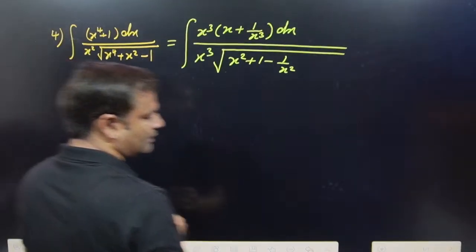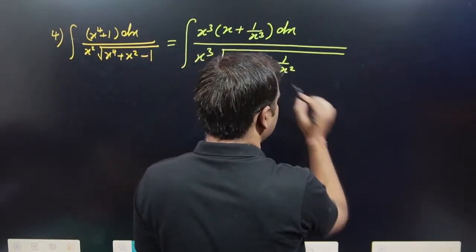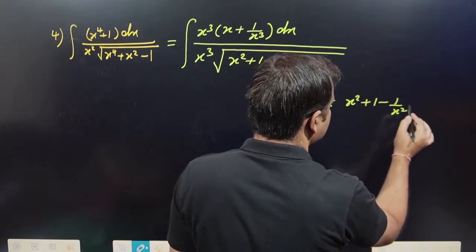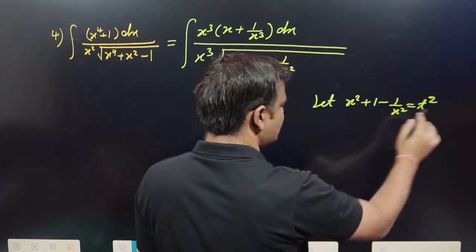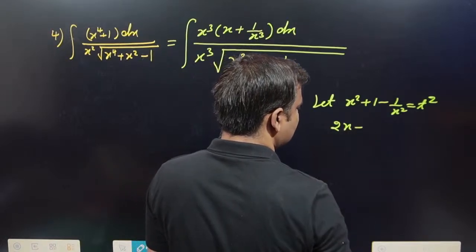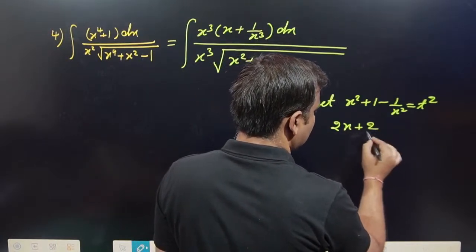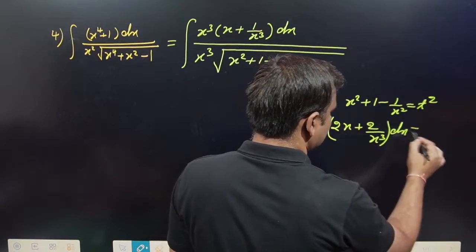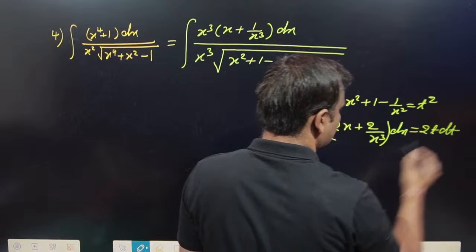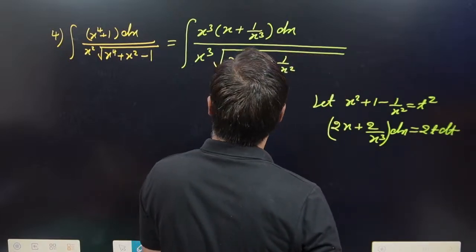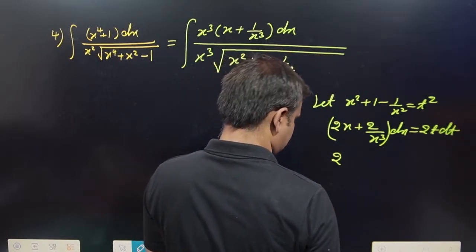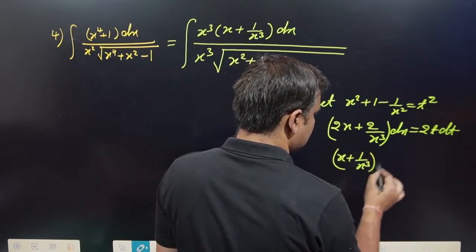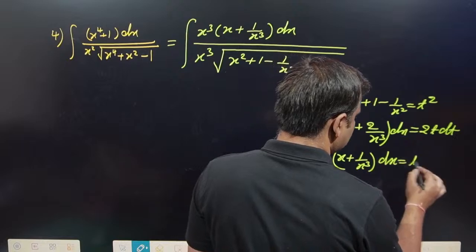Okay, look, if this part, let x square plus 1 minus 1 by x square be taken as t square. So differentiation of this one, 2x minus plus 2 divided by x cube dx, this will be equal to 2t dt. So you can say that if 2 is common, so x plus 1 by x cube dx, this will be equal to t dt.